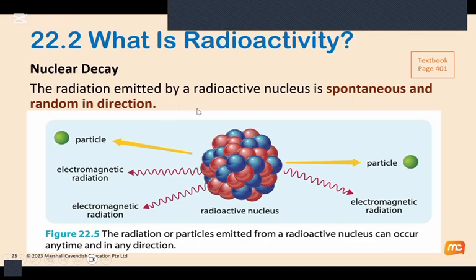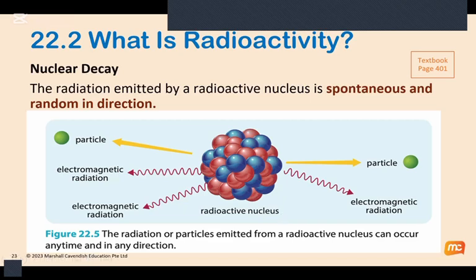It's random in time. It's also random in direction. Random in direction in terms of the alpha particles, beta particles, or the gamma rays that come out. You cannot determine which direction it will come out. Some will come out from the left, some from the top, some from the right or bottom. You cannot predict which direction the particles are going to be emitted.